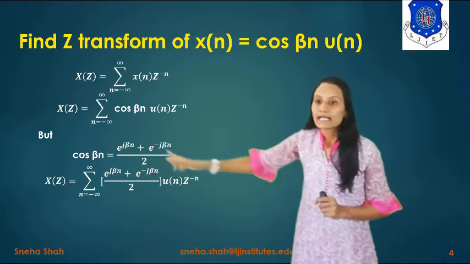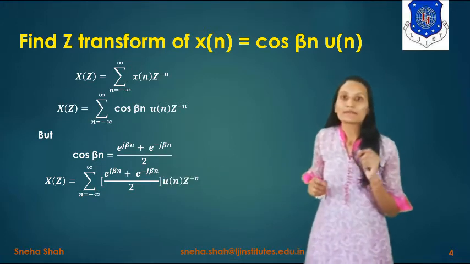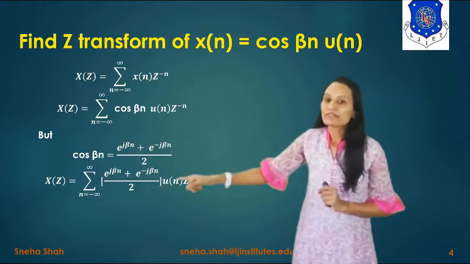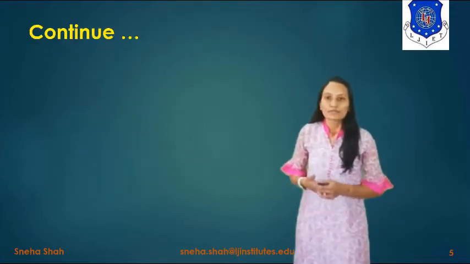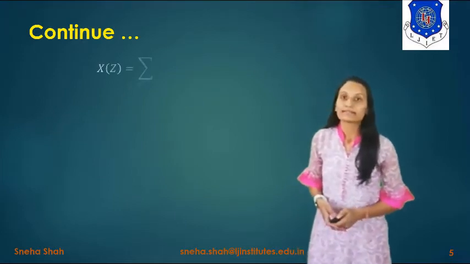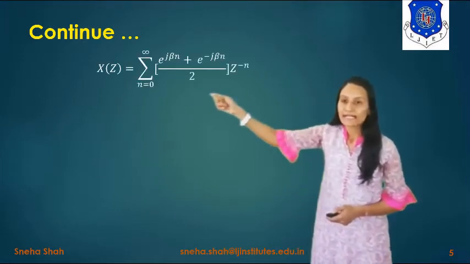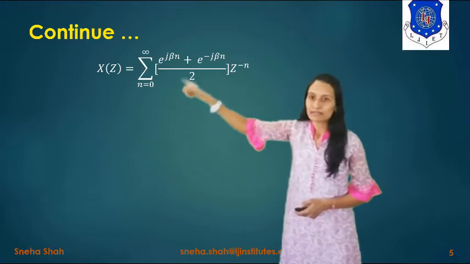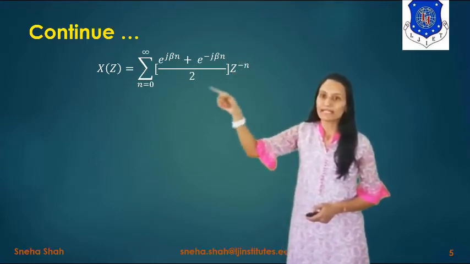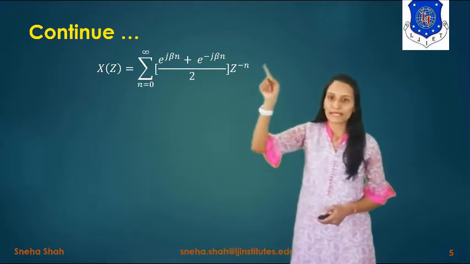It means this range will convert to n equals 0 to infinity when we take the u of n term. So if we apply the rule of unit step signal, then the next step is X of z equals summation n equals 0 to infinity of e raised to j beta n plus e raised to minus j beta n divided by 2, into z raised to minus n.